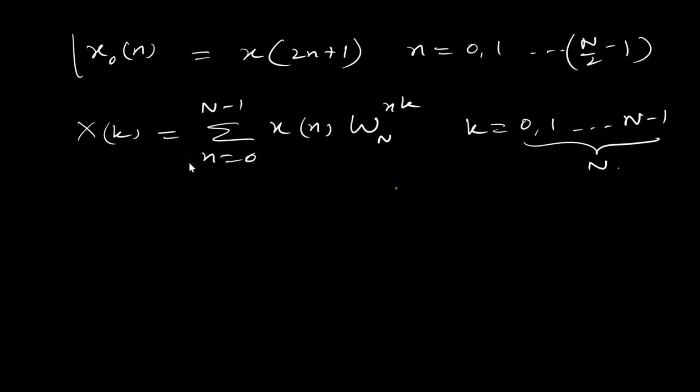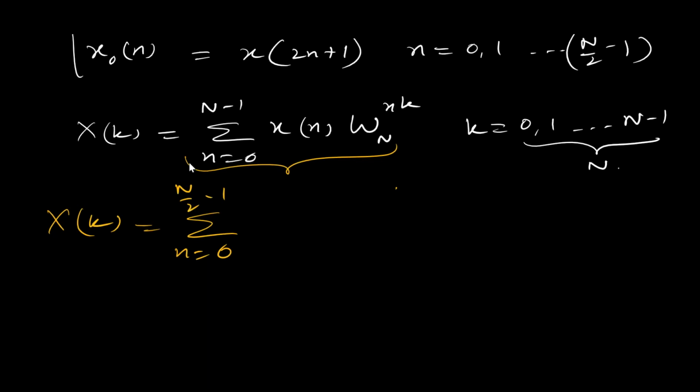Now let us separate even and odd parts of this sequence so that my X(k) will become equal to summation n ranging from 0 to n by 2 minus 1, half of the length of the sequence n. So this I'll write x_e(n). Actually, I'm decimating this thing in even and odd parts, multiplied with Twiddle factor, plus summation n equal to 0. Sorry, I'll replace this n with 2n.